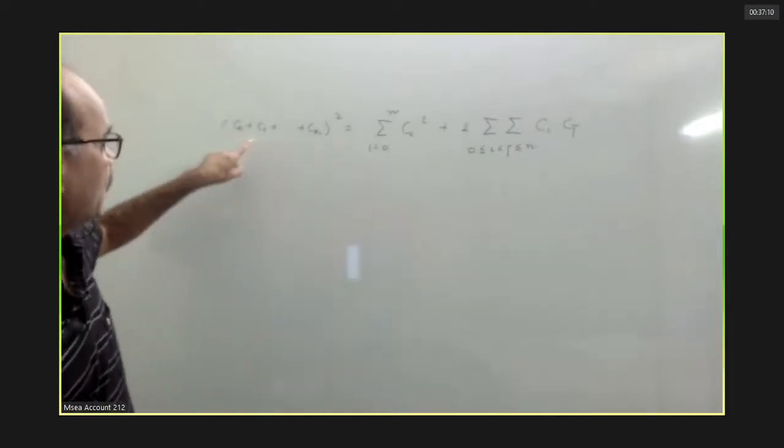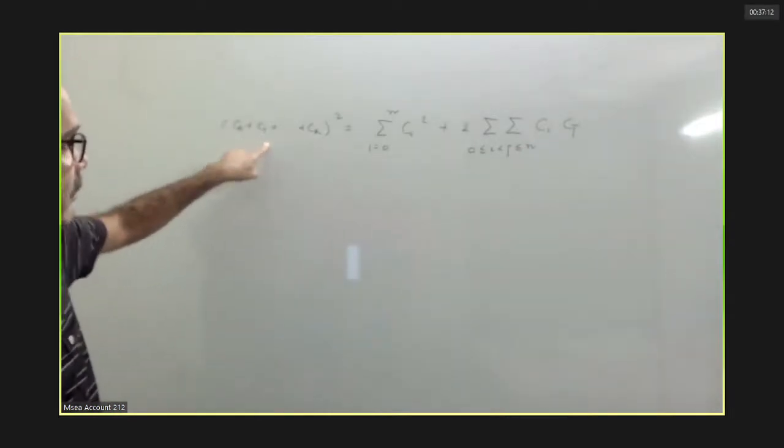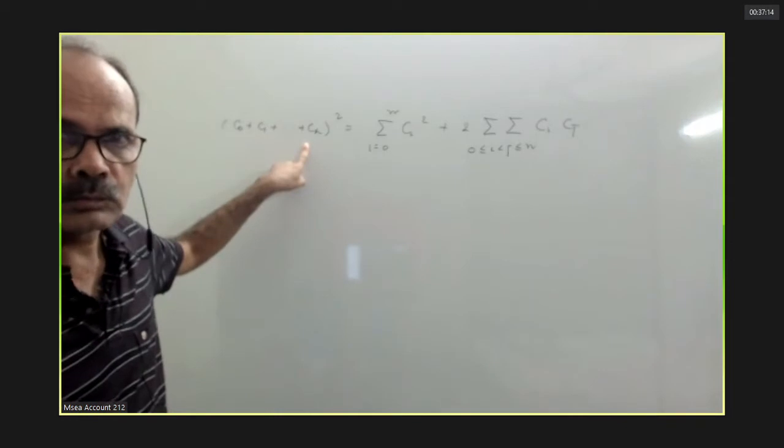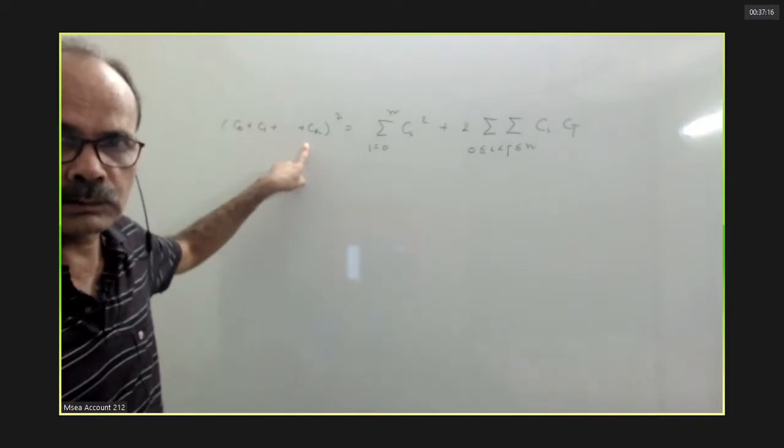Okay? Now we know this value. This is how much? What is this value? 2 to the power n whole square.